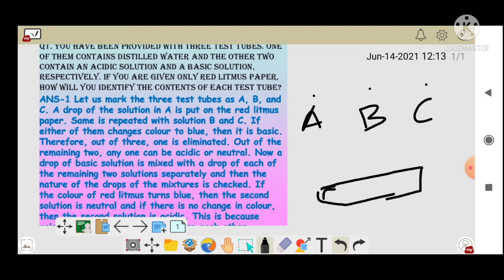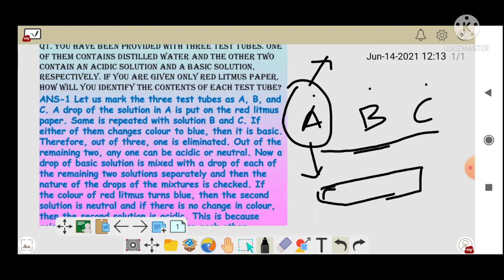If any one of them changes the red litmus to blue, then it is basic. Suppose A is basic. Then of the remaining two, one is acidic and one is distilled water. We all know that distilled water is neutral.